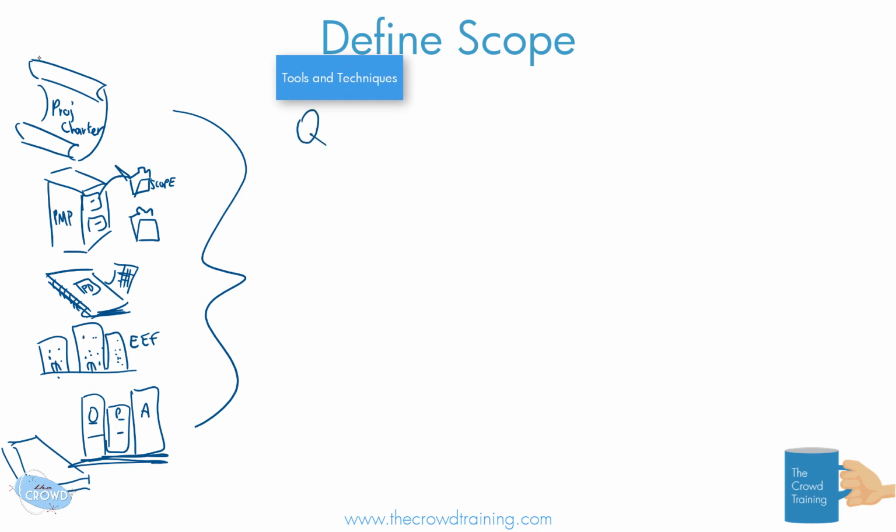One is expert judgment. Let me draw my guy thinking here; he is an expert, or my team has done this before, or they know the technical needs of the product and what it will require. I'll draw a few more people thinking, because they know what is necessary and what needs to be done.